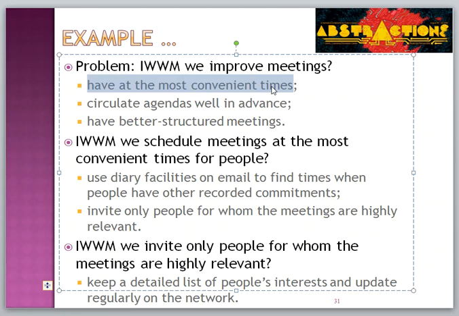So this is more specific, more abstracted than this one. The answer or the solution could be, the problem is not convenient time. The problem is about circulating agendas in advance. So the problem could be, how can we circulate agendas well in advance?